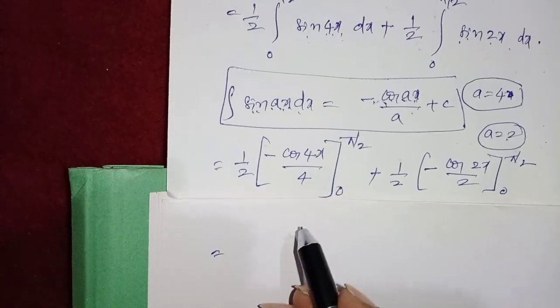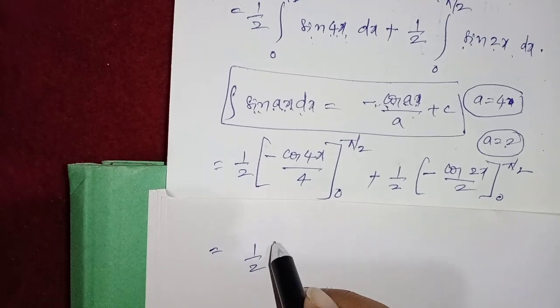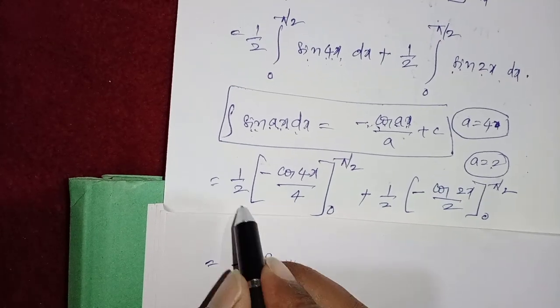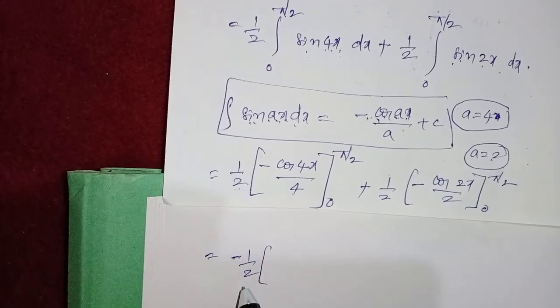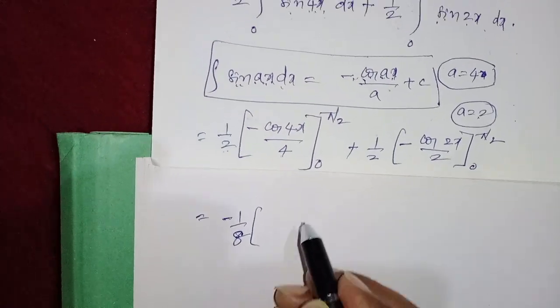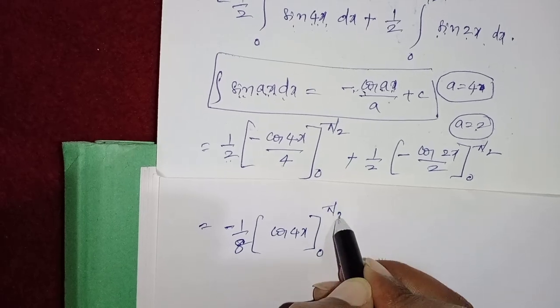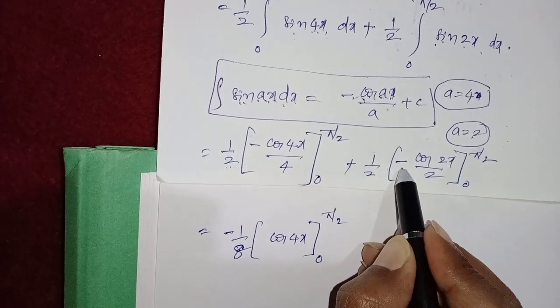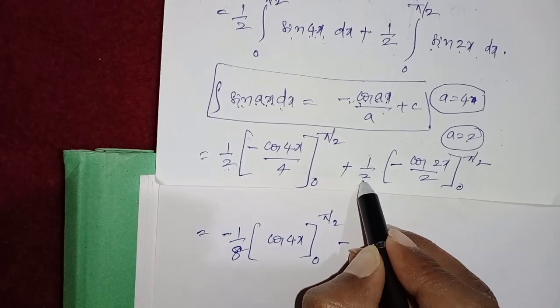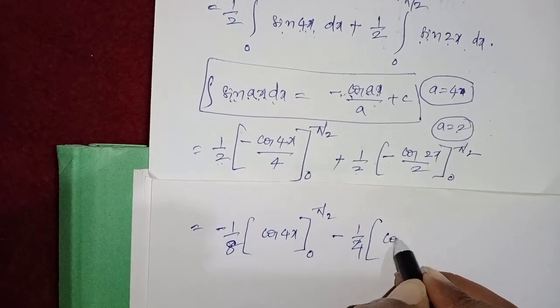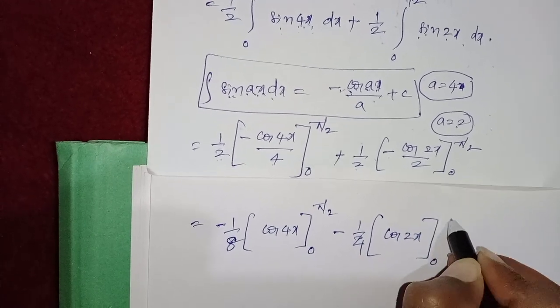Now that is equal to 1 by 2, see here we have minus, take it outside, minus 1 by 2 into, 2 4s are 8, this is 8, next cos 4x, the limits are 0 to pi by 2. Here also plus into minus, it is minus. The denominator is 2 2s are 4, so 1 by 4 into cos 2x, where the limits are 0 to pi by 2.